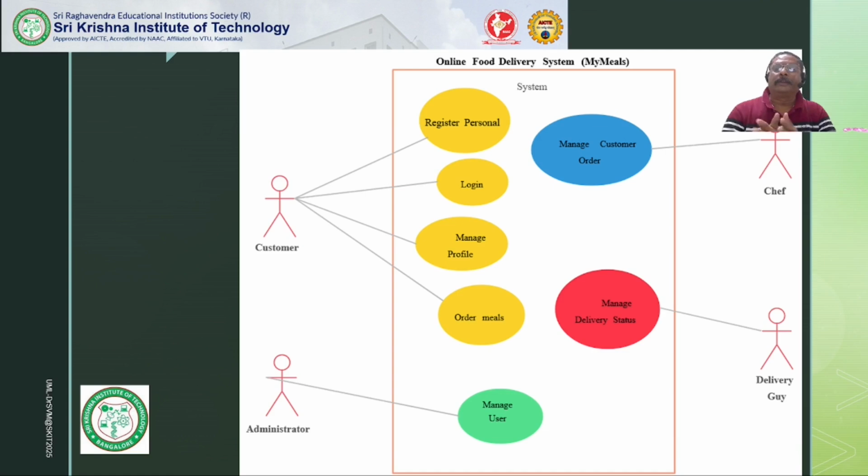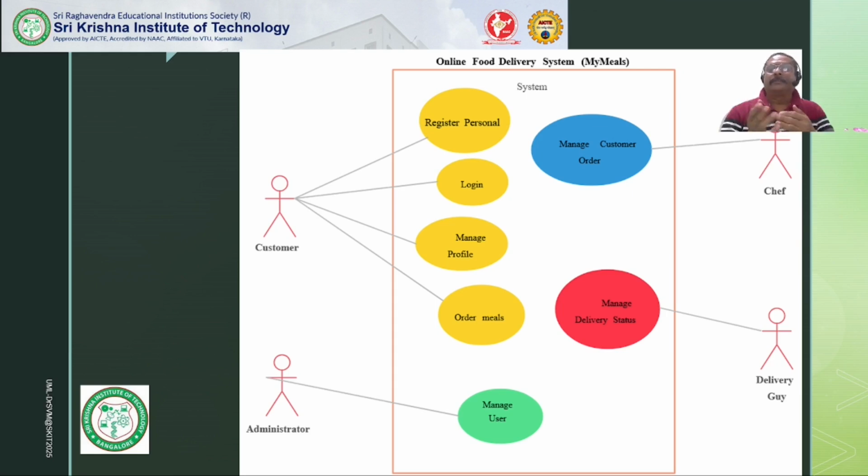In the same way, the delivery guy will start his activity only when the system tells him to begin the delivery: go to that restaurant, collect the food, go to the customer and deliver the food to that person. This whole information is given to the delivery boy, so he starts his actions only when receiving information from the system.